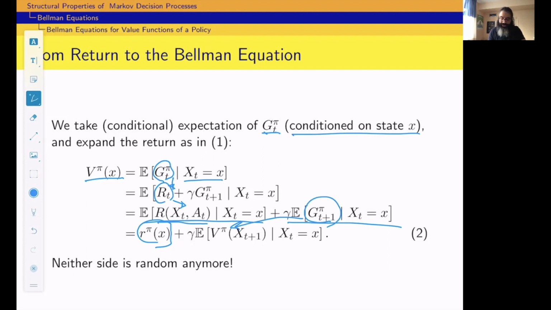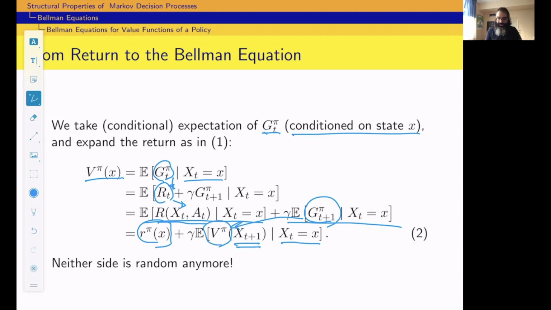So we have the expectation of V^pi. But here the thing you need to pay attention to is that the state is not X_t equal to x, but the state is X_{t+1}. So we condition on being at time t at state x. The agent goes to some other state X_{t+1}, according to dynamics and policy, and then we compute the value function of it.